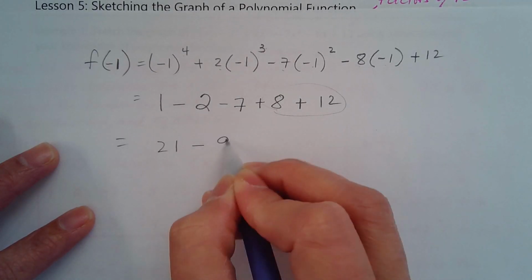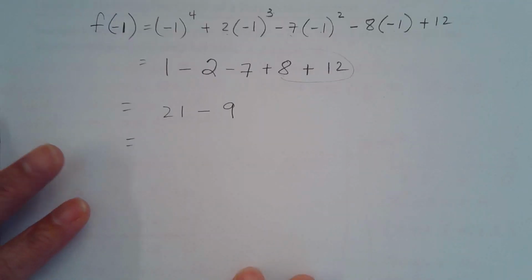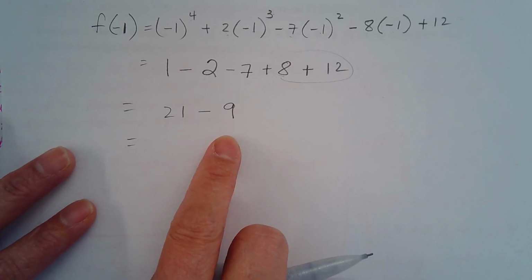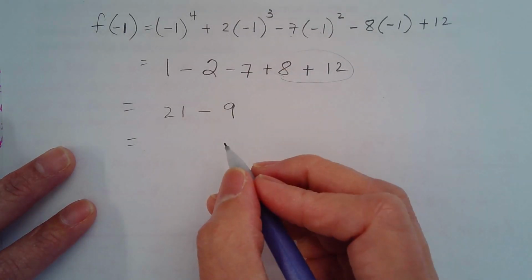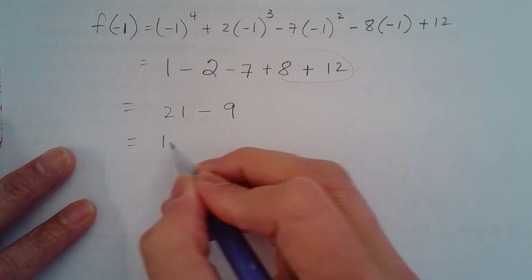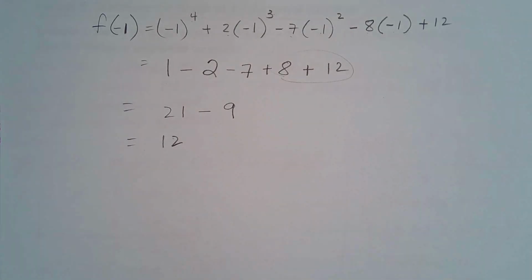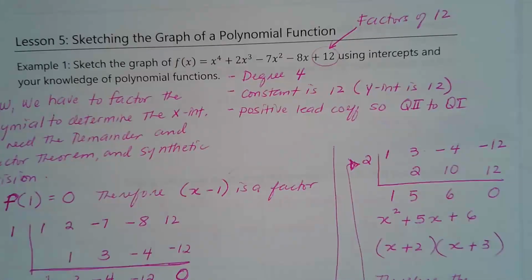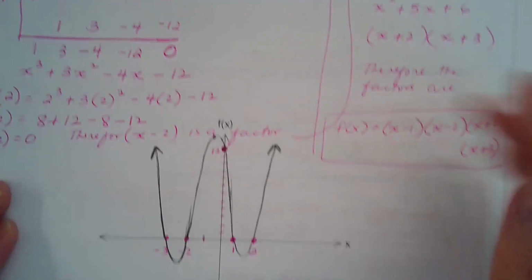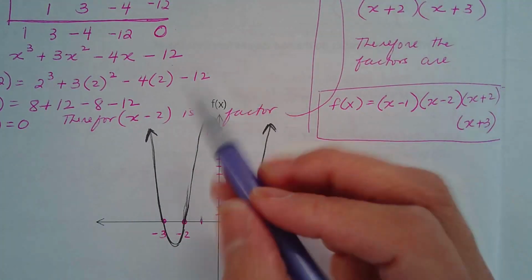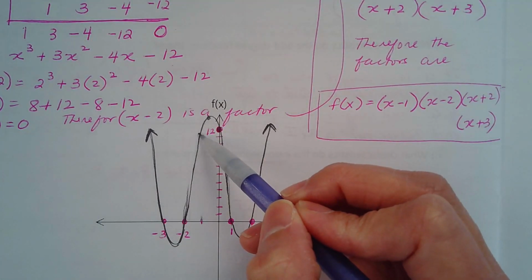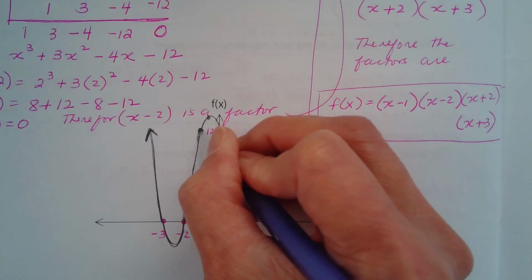So this is going to give us 21 minus 9. What's 21 minus 9? 12. Okay.